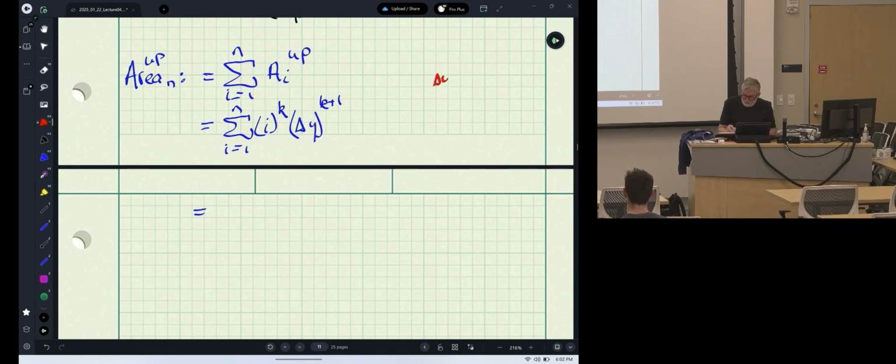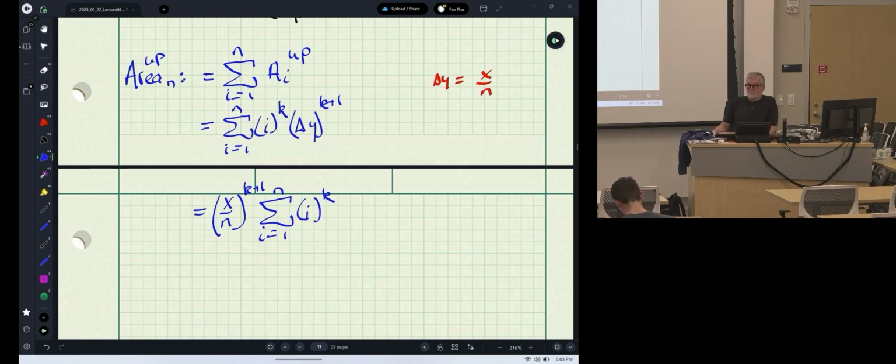Remember, delta y is just x over n, so it's independent of the index i. So we can take it out in front of the sum. So this is x over n to the k plus 1, sum i equals 1 to n, i to power k.